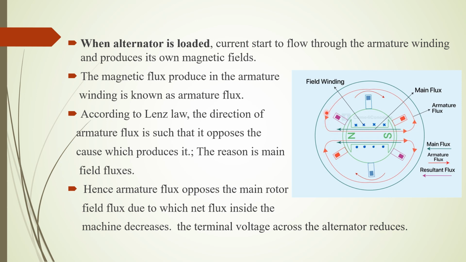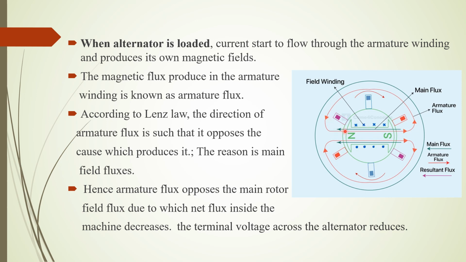The direction of the armature flux is sometimes just opposite to that of the main flux. Here you can see the direction of main flux. So when the machine is loaded, due to the presence of armature current, armature flux is generated and it opposes the main flux.